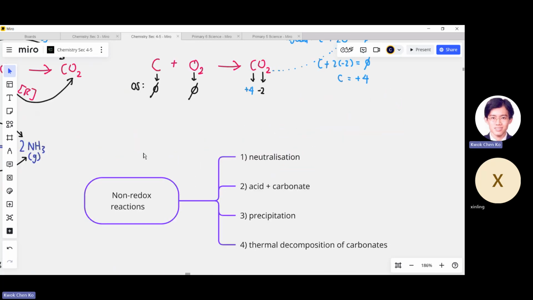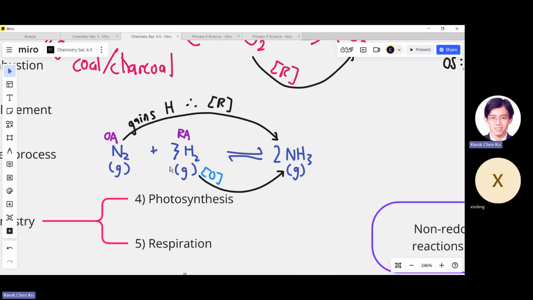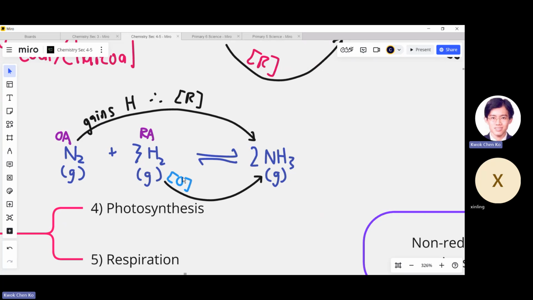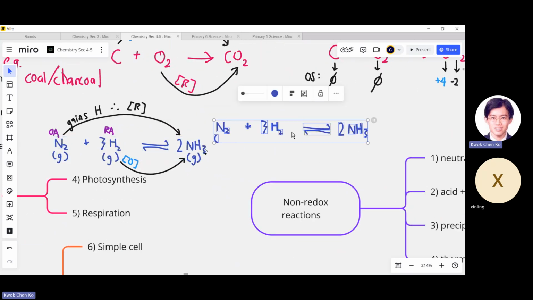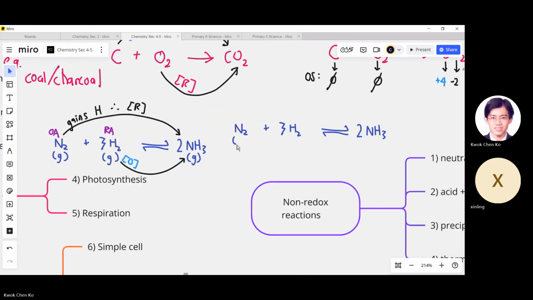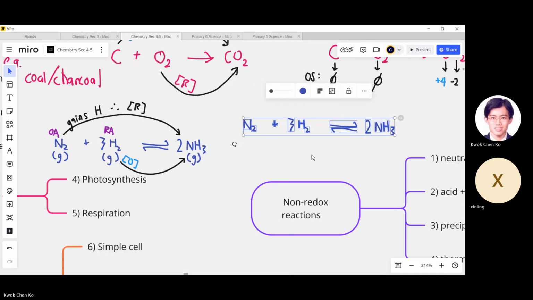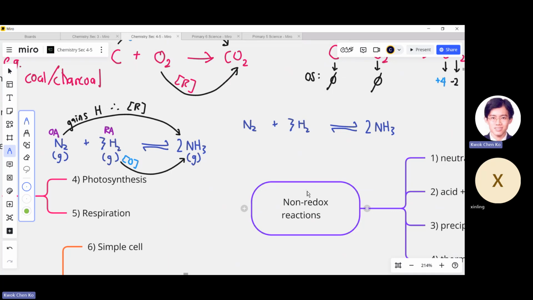Right, let's go to the last one. How about this guy? Just now we did this reaction too, the Haber process. Work out the OS for all of them. So same thing, make sure the equation is balanced first. Then for me, I normally indicate OS beneath it.